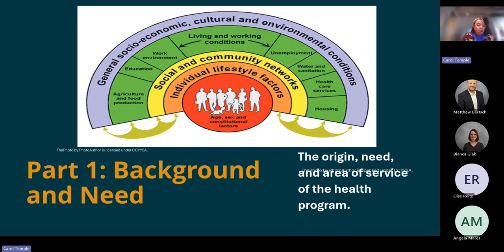So moving forward, continuing on within the background needs and assessment, I want to say that Sun Life helps individuals with chronic diseases, as stated earlier, and they offer a quality of life of overall health.